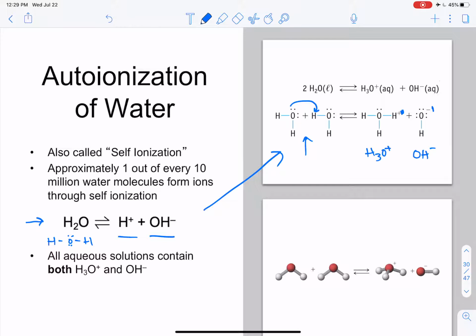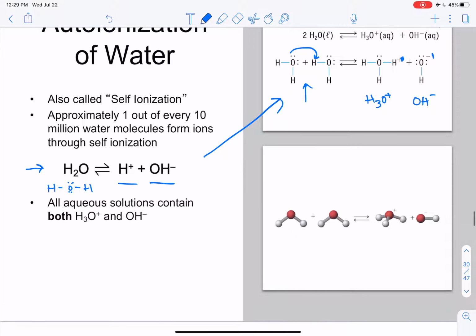Approximately 1 out of every 10 million water molecules will do this. So we don't have a whole lot of hydronium and hydroxide sitting around in regular water compared to the numbers of regular water molecules that we have. But it does happen spontaneously. And just in case you like the ball and stick model, here it is down here.